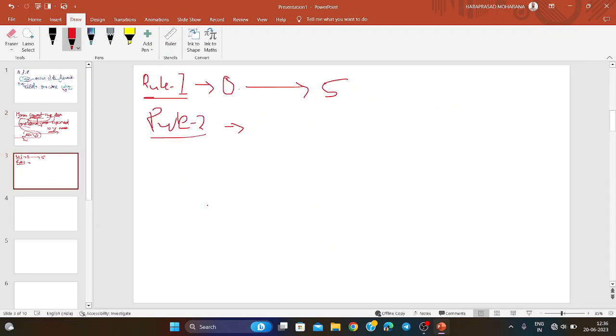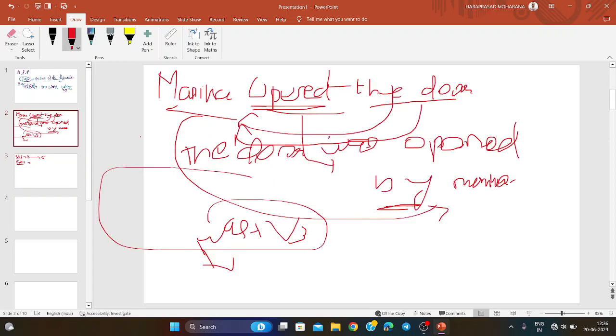So rule number three says the main verb is changed into the past participle form, and it is preceded by the correct form of the verb to be in the passive voice. In this example, the main verb is open, and it becomes the past participle. What is the past participle form of open?